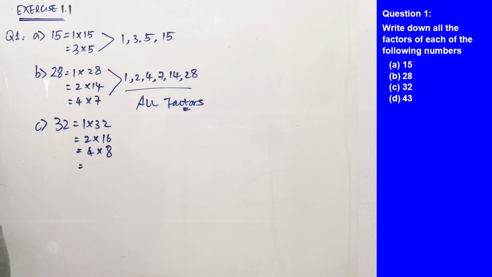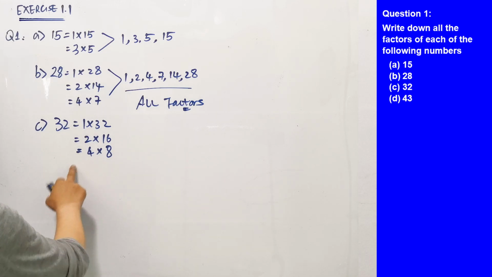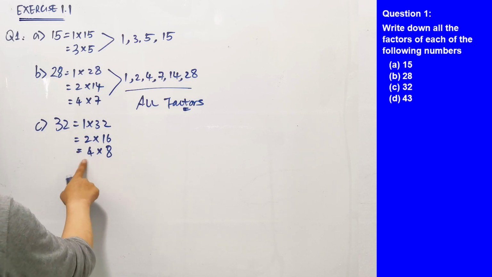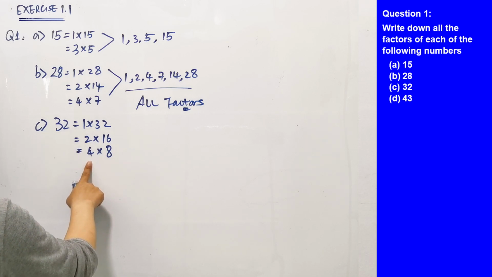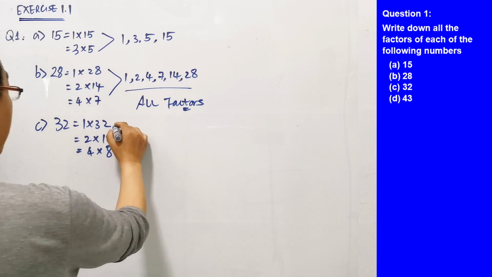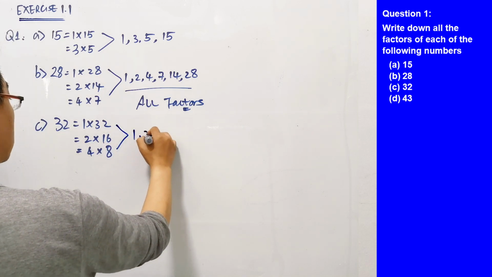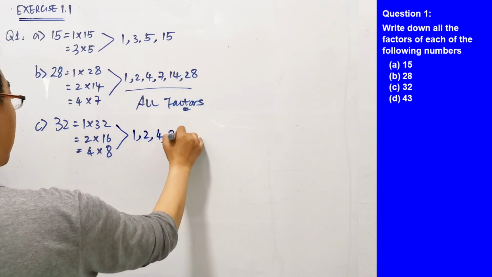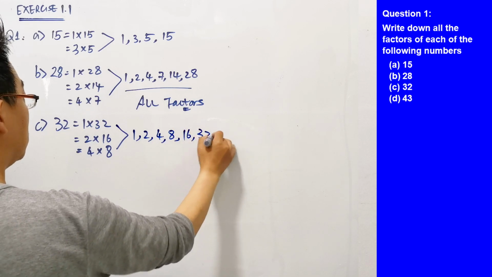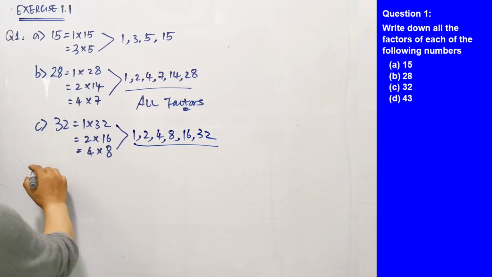I think this is probably all the numbers. So we have 1, 2, 4, 8, 16, and 32. This is all the factors of this number.